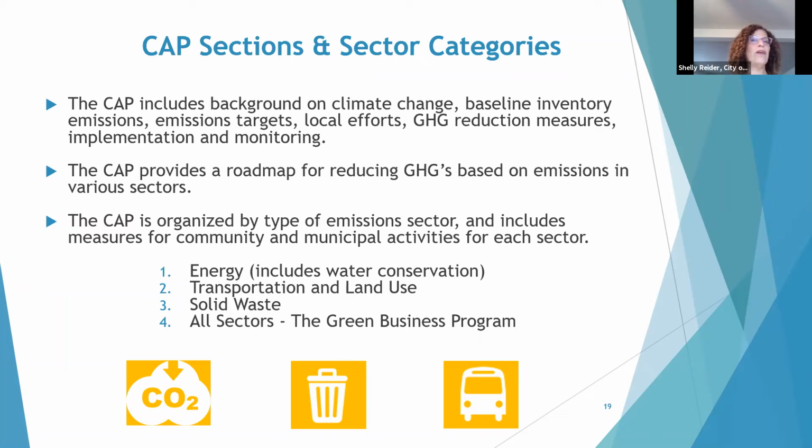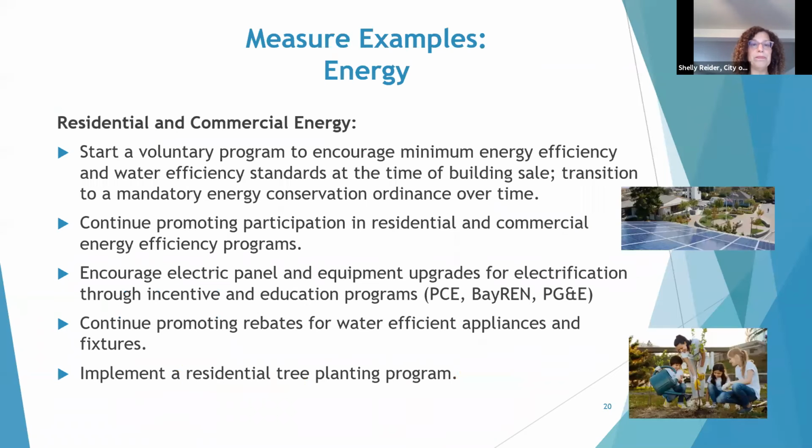I'm just going to highlight a few measures within each of these sectors, starting with energy for residential and commercial energy. One of the measures includes starting a voluntary program to encourage minimum energy efficiency and water efficiency standards at the time of a building sale and transitioning to a mandatory energy conservation ordinance over time, continuing to promote participation in residential and commercial energy efficiency programs, encouraging electric panel and equipment upgrades for electrification through incentive and education programs.